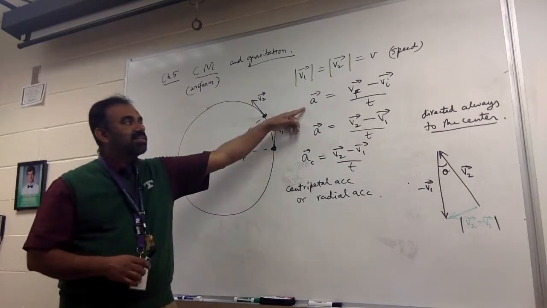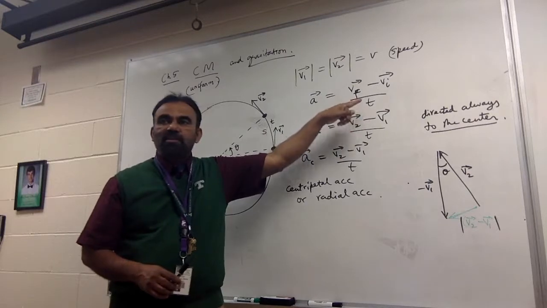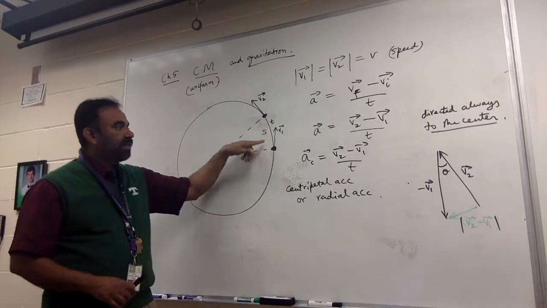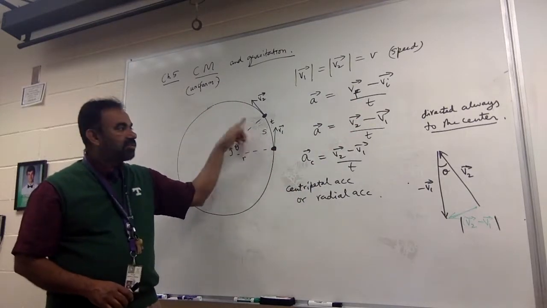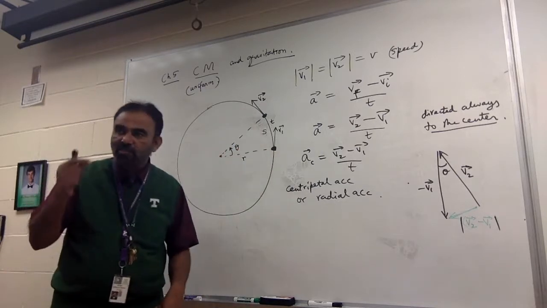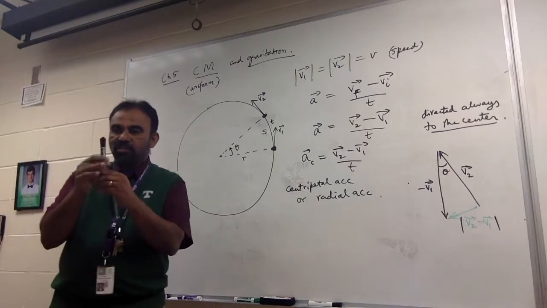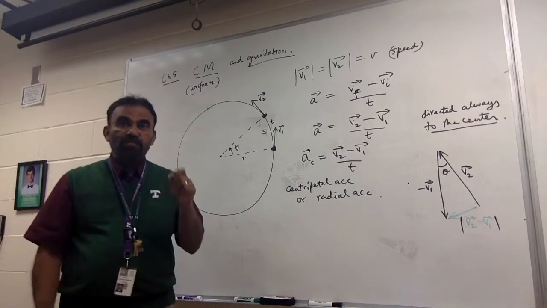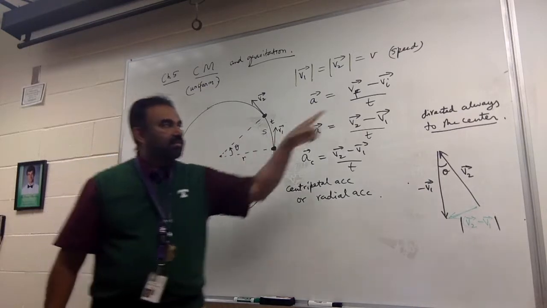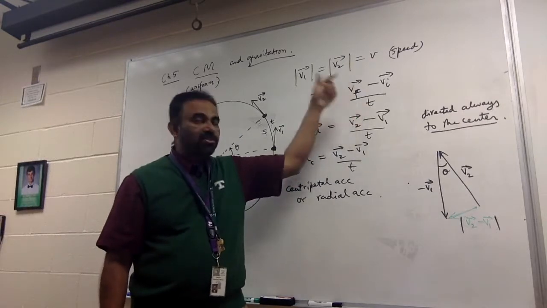Because acceleration is defined as the rate of change of velocity. We don't want to wait minutes for this change of velocity. The change of velocity is taking place every microsecond. So we are looking for the rate of change for the smallest possible time. How much is the change taking place?